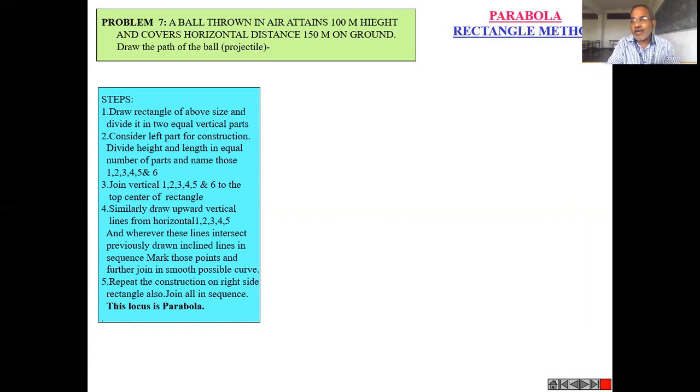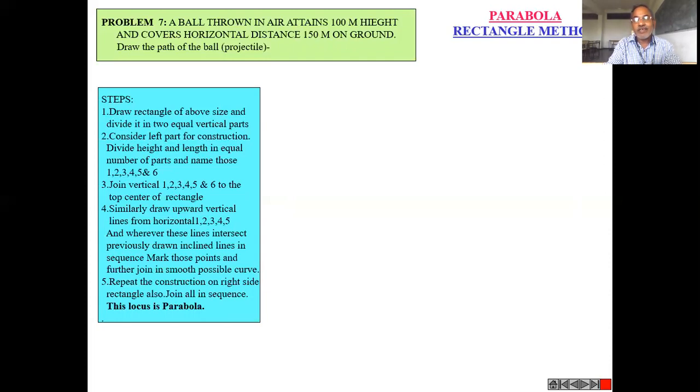And the maximum height which it attains, here 100 meters, is to be taken as the axis of the parabola. Two things: horizontal distance as base, and the maximum vertical height from the ground as axis. So the base here in the data is 150 meters.